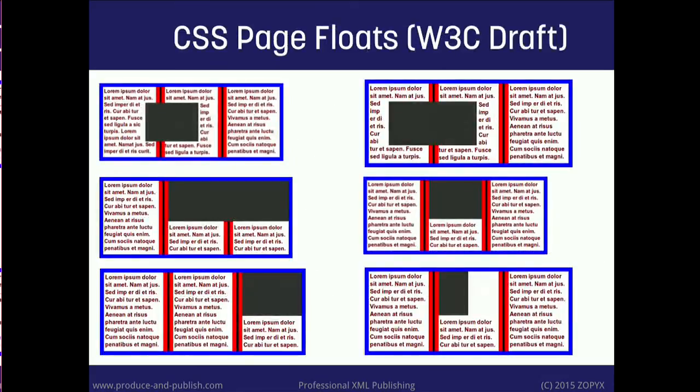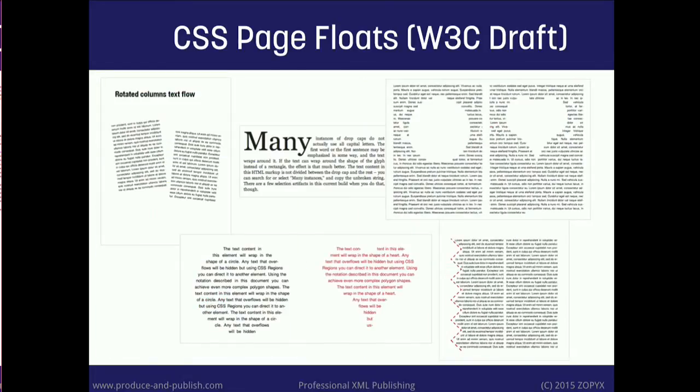They propose some statements in CSS for having floats or placing elements within columns, either this one or variations on that, or for doing something in CSS Paged Media that's right now basically impossible, like having shapes or exclusions and stuff like that. This would be really hot if we would have this in converters. That would actually be cool. That's the missing part right now when I'm working with these tools.